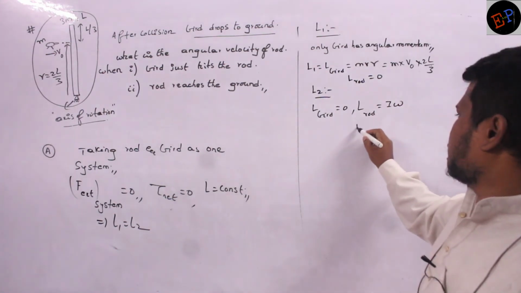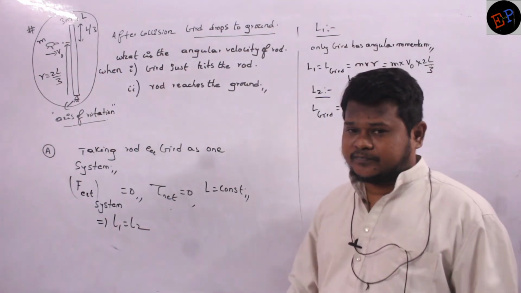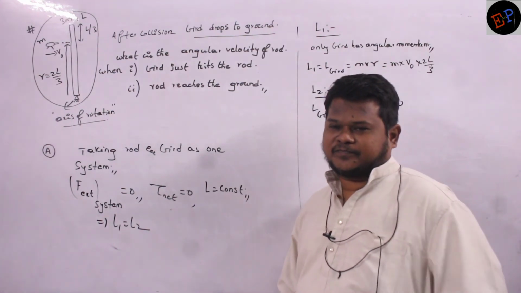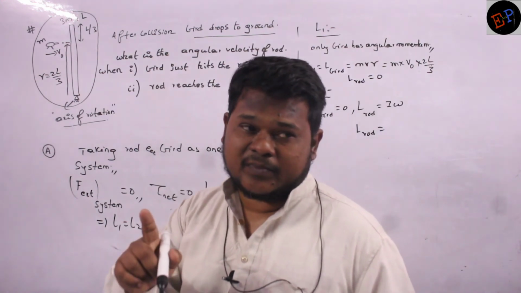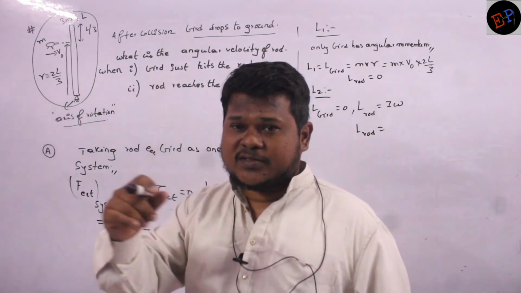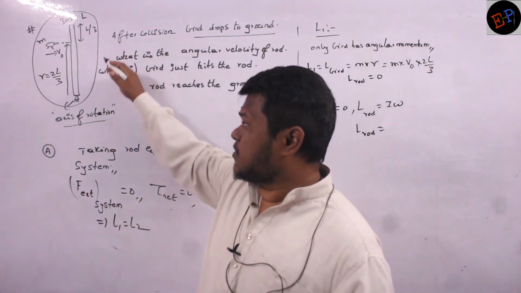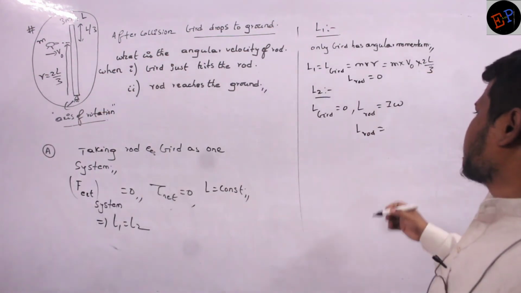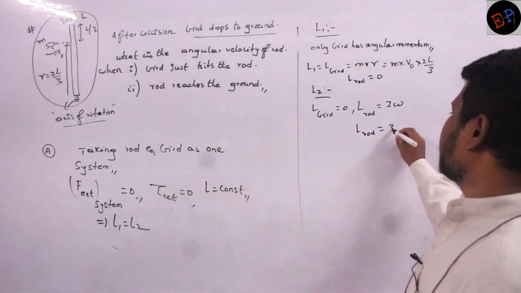So for the angular momentum of the rod, what is the moment of inertia of the rod? The rod's moment of inertia is ml square by 3 if it is rotating about one end. We studied this in moment of inertia: when the axis is at the middle, it is ml square by 12. But the axis is present at one end of the rod, so its moment of inertia will be ml square by 3. What is the mass of the rod? 3m.